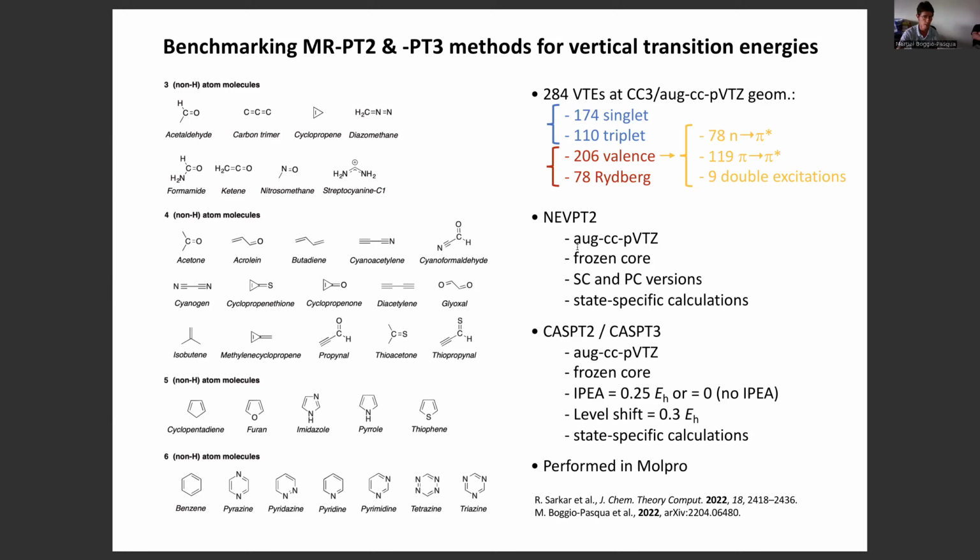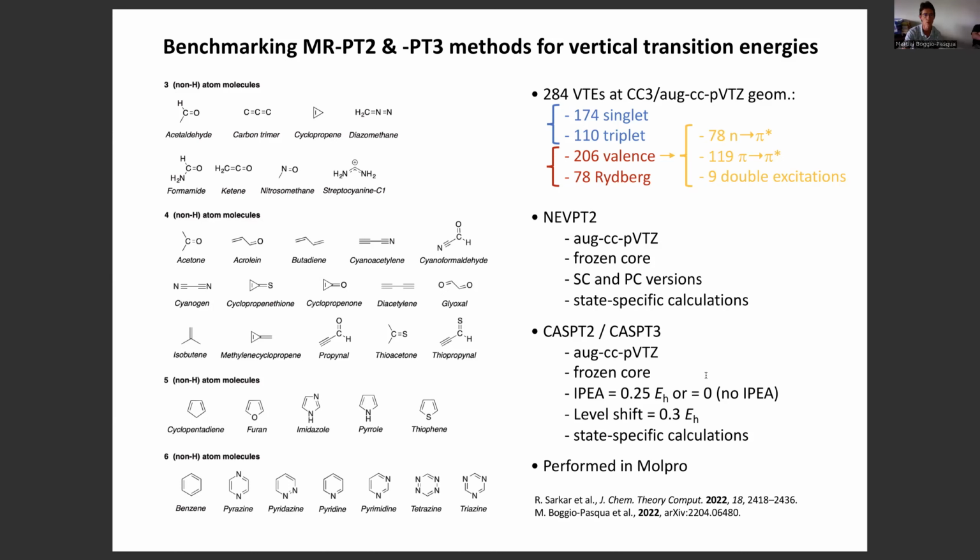All these calculations are state-specific calculations. We have also done state-specific calculations with CASPT2 and CASPT3 with the same basis set and frozen core approximation. We have tested the use of the IPEA shift, and we have used some level shift to alleviate the problem of intruder states. All these calculations have been performed in MolPro.